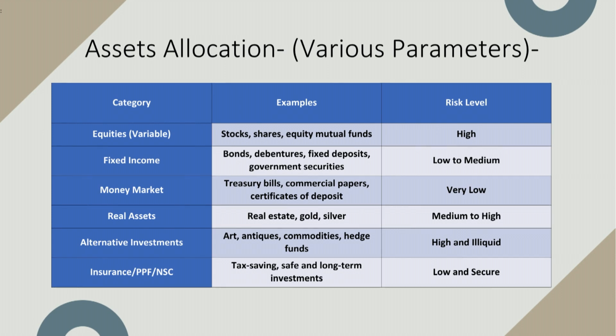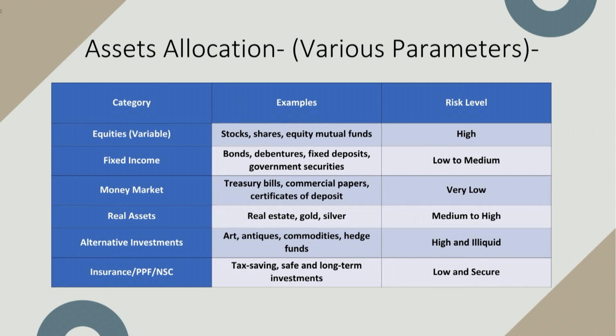Some investors want to invest in real assets, that is real estate, gold, silver, and any metal. Some investors are going to invest in arts, antiques, commodities, hedge funds, etc. Some investors are very conservative.